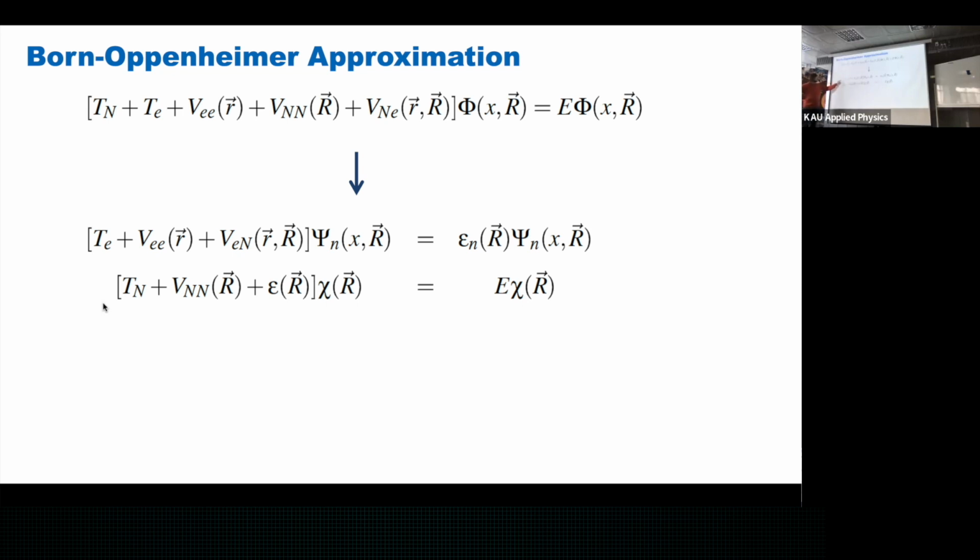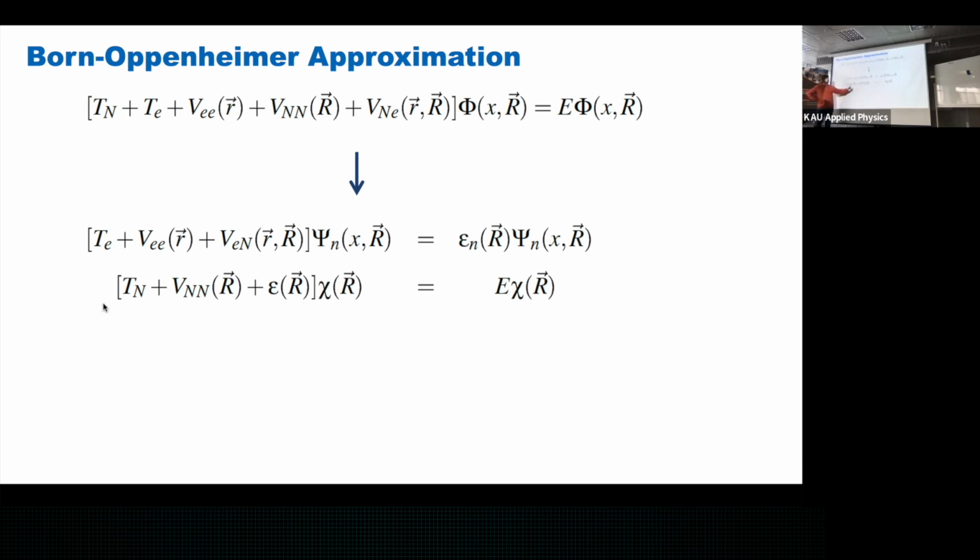Here we have the electron part: the kinetic energy of electrons, electron repulsion, interaction between electrons and nuclei, and a psi function that contains all electrons and their interactions with nuclei.